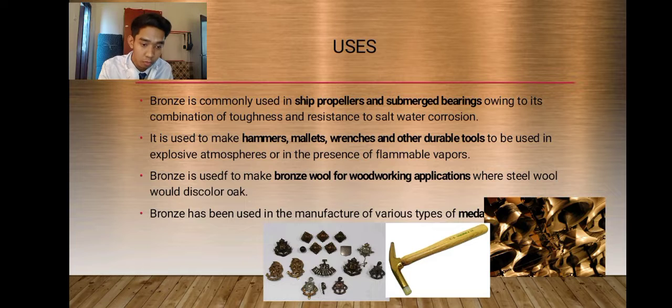The third is that bronze is used to make bronze wool for woodworking applications where steel wool will discolor the wood. The last is that bronze has been used in the manufacture of various types of metal.